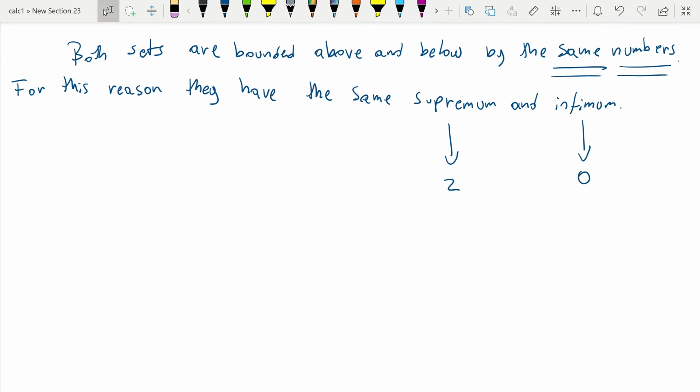So, but the difference here, what is the difference?